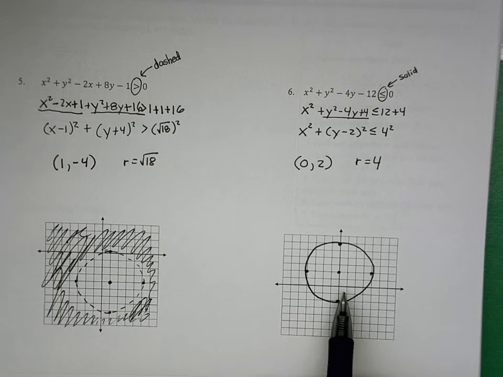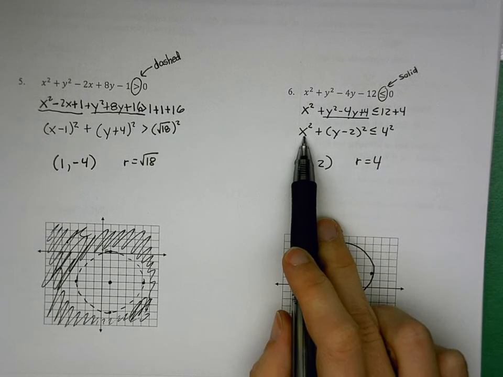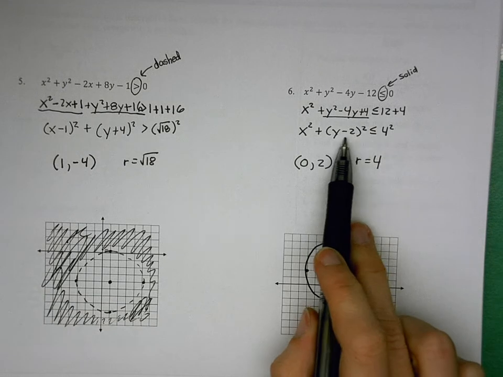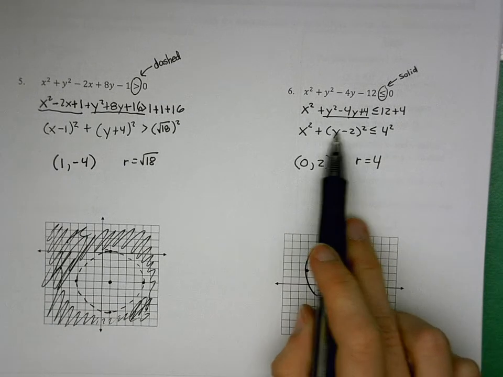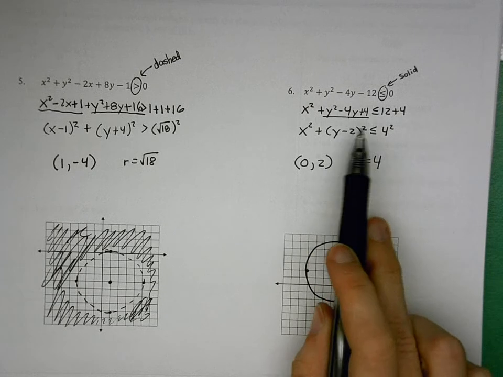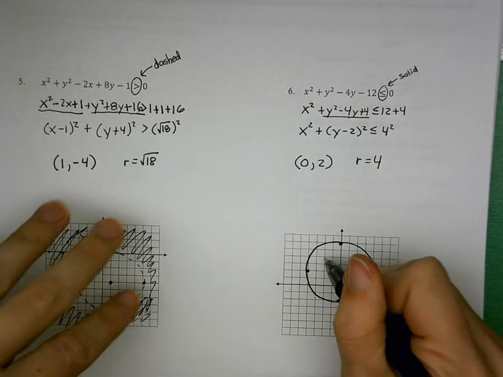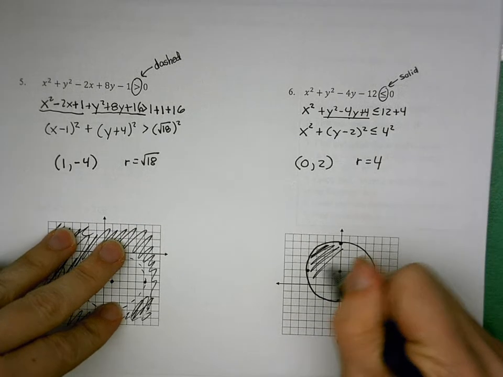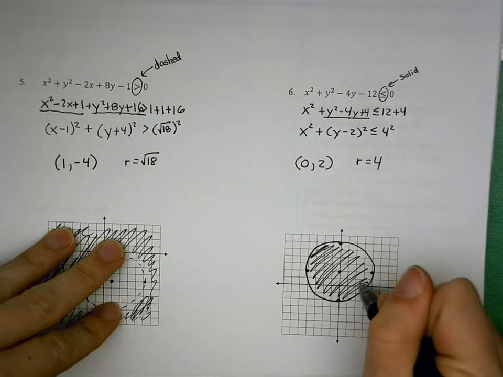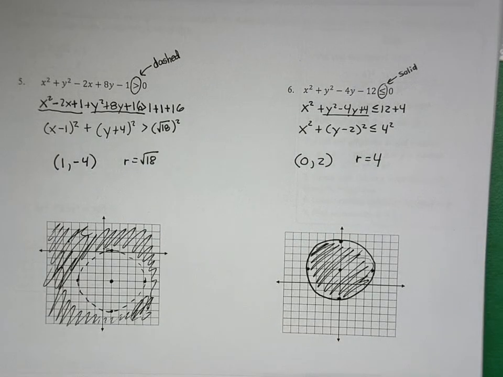If I plugged (0, 0) in, I get 0 plus negative 2 squared, which is 4. 0 plus 4 is 4. Is 4 less than or equal to 16? Yes. And so wherever (0, 0) is, which in this case is inside the circle, that entire region gets shaded. Okay, and that's circles.